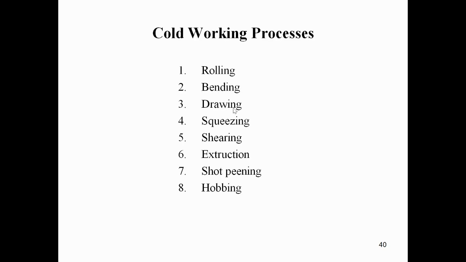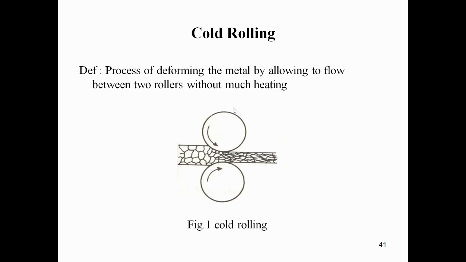All these are the various types of cold working processes. Now we are going to discuss each and every cold working process. Among them the first one is cold rolling.